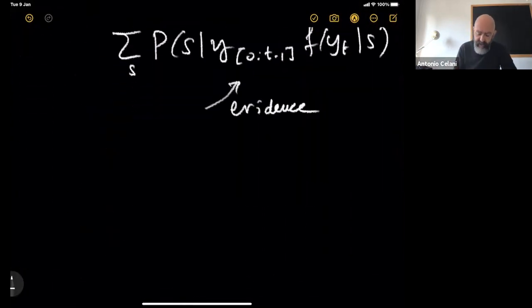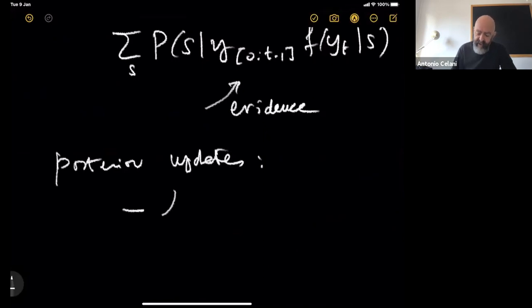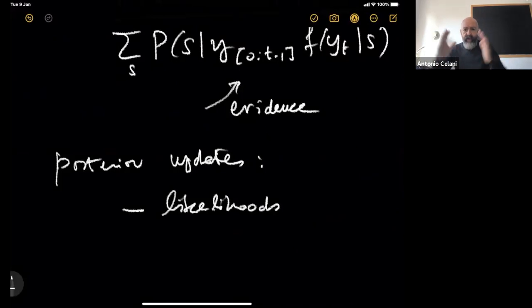So as beliefs, okay, posterior for the moment. Posterior updates are made of two steps. First, likelihoods. So likelihoods increase our information about the state. So useful observations will tend to shrink our posterior distribution, okay?